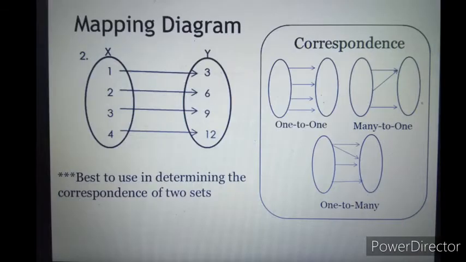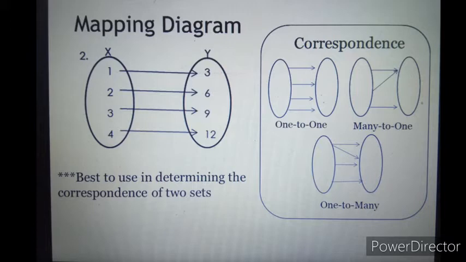The second representation is in the form of a mapping diagram. A mapping diagram is best to use in determining the correspondence between two sets. To investigate whether this kind of representation is a function or not, there is a modified qualification.